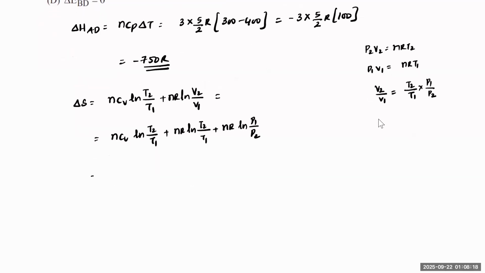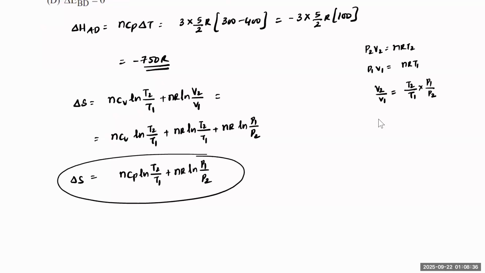You notice this entire factor is the same. This is like Cv plus R, and Cv plus R can be written as Cp. So nCp ln T2 by T1 plus nR ln P1 by P2. This is another way of remembering the formula. Sometimes this formula is more useful for solving than the other formula.